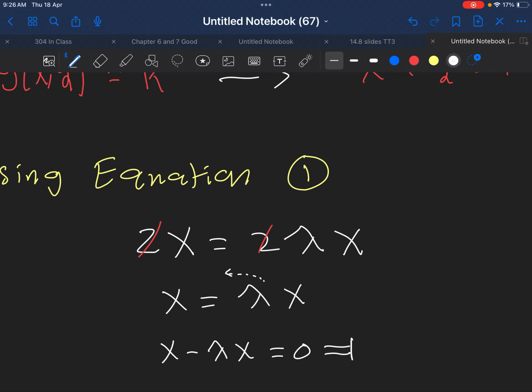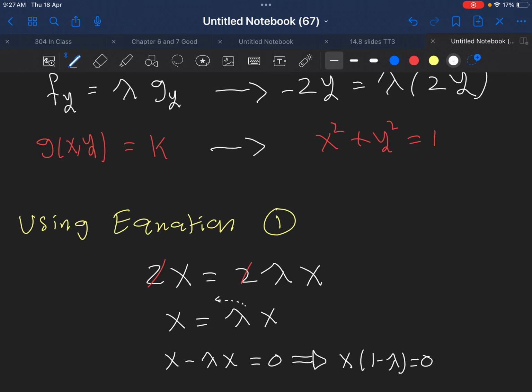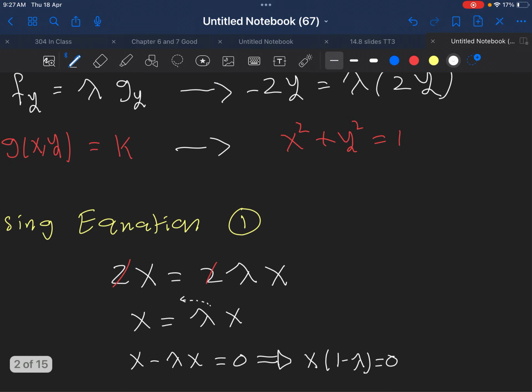That means x times (1 minus lambda) equal to 0. Of course, if we have this situation where we multiply 2 numbers and we get 0, that means either the first one is 0 or the second one is 0. Those are the 2 options that we have here.